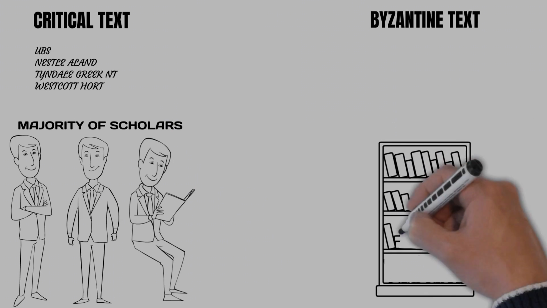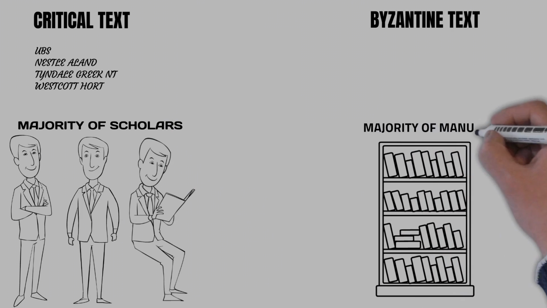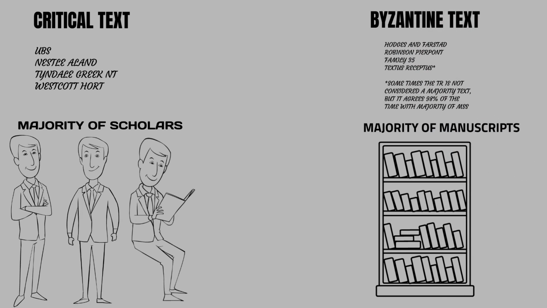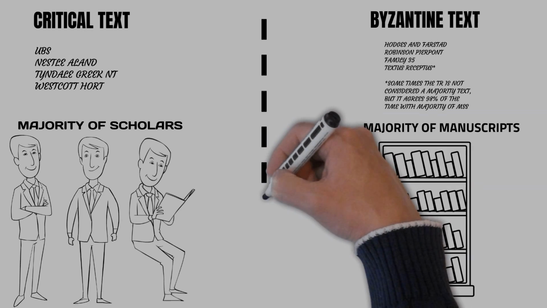Just to simplify it a little bit, know that the differences between those two are important, but I guess what I'm trying to say is that the difference between the majority text or the Byzantine text and the critical text is going to be something like the difference between your King James Version and your ESV.